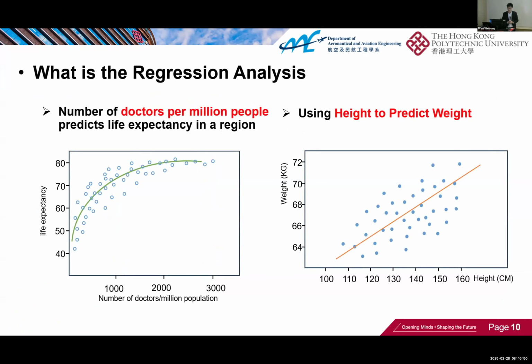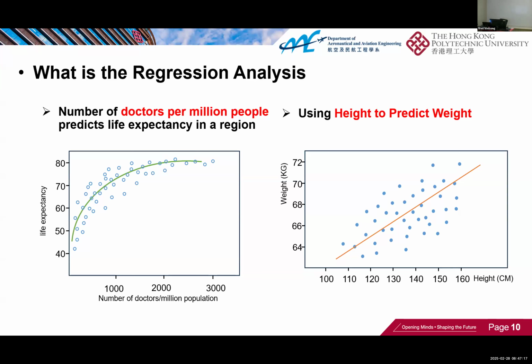Okay, so let's see the examples. The first one is a nonlinear case, and the right side is a linear case. For example, if you wish to use the height to predict the weight, the points mean data. X is the height in centimeters, and this is the weight in kilograms.